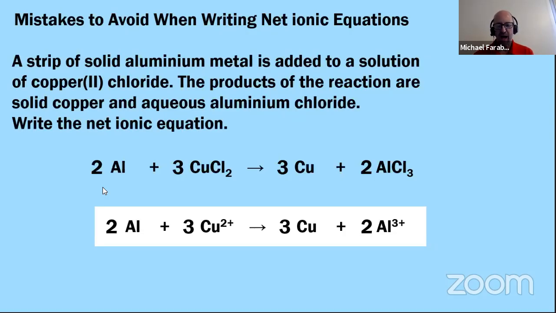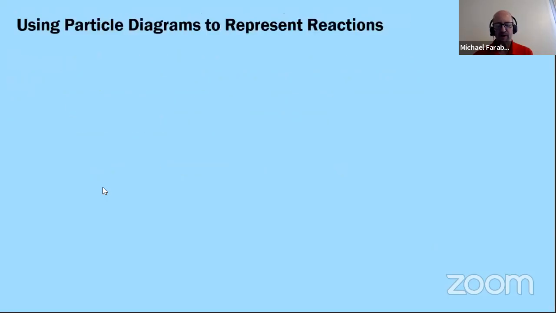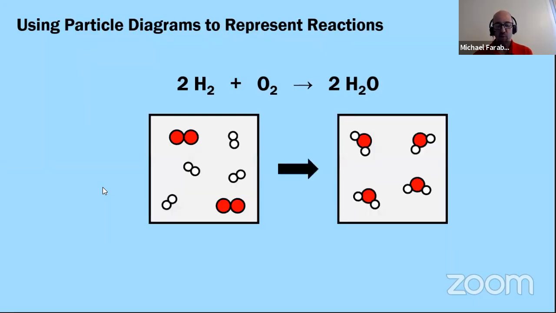All right, before we get to our homework, I want to talk about particle diagrams. So here is an example of a chemical reaction involving 2 moles of hydrogen reacting with 1 mole of oxygen to produce 2 moles of water. So how would particle diagrams be used to represent this reaction? Well, here is one example.